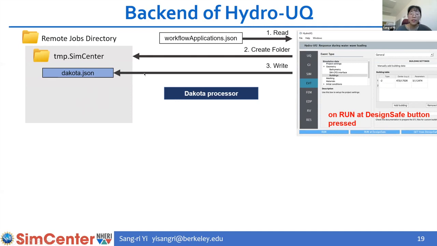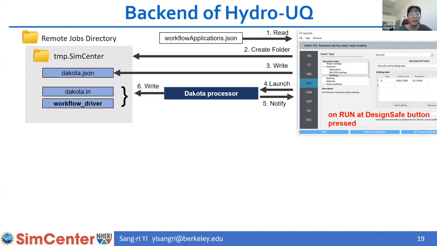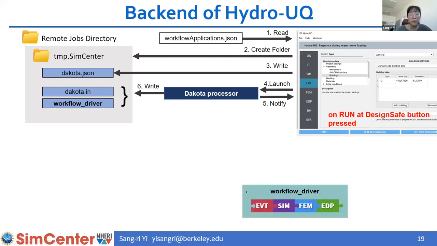Here HydroUQ first writes dakota.json, and then it launches the Dakota preprocessor backend application. This preprocessor translates dakota.json into the actual Dakota input file, and also collects all the files that are required to run our workflow, and also the driver, the scripts that actually run this analysis.